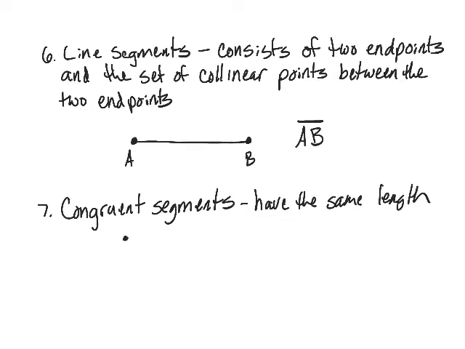So if I have a segment AB and I have another segment CD, and if you measured them, they were both the same length, even though my diagram might not look like that, you could write a statement, AB is congruent to CD. So congruence goes with the labels. I'm saying line segment AB is congruent to line segment CD.